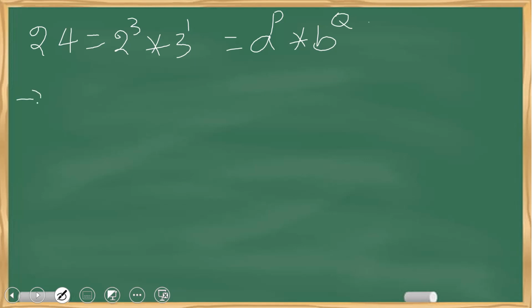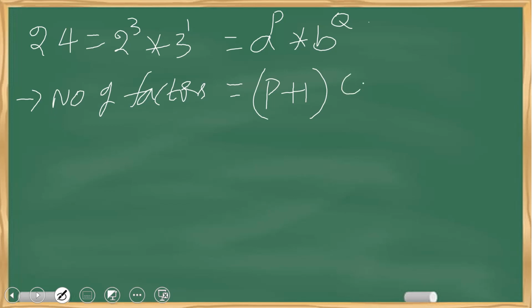Now, coming to the first question, number of factors is equal to p plus 1 into q plus 1 into r plus 1, if you have more bases with more powers. Now, why are we adding plus 1 here?